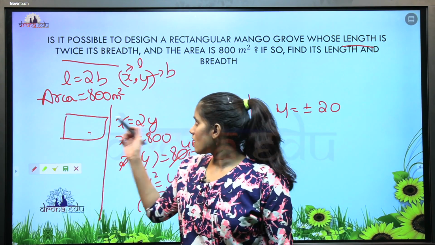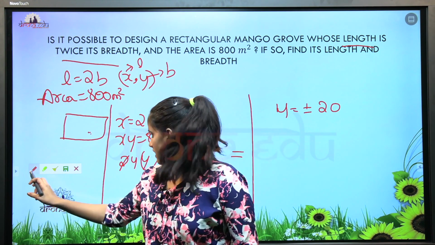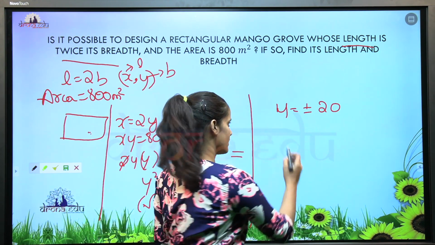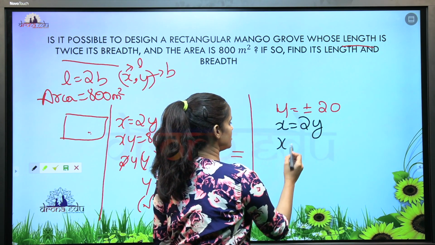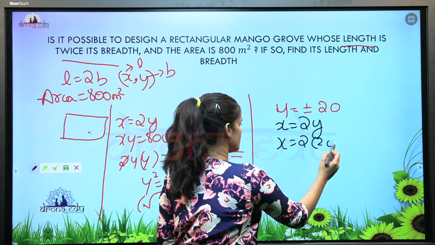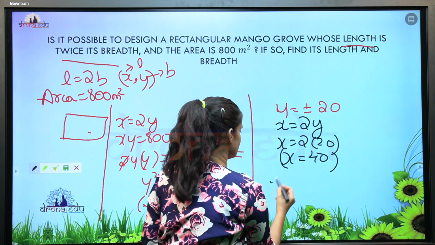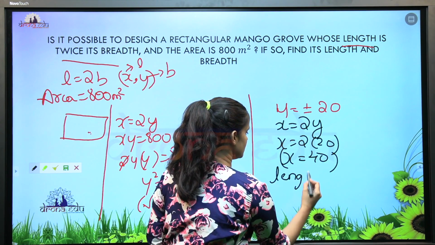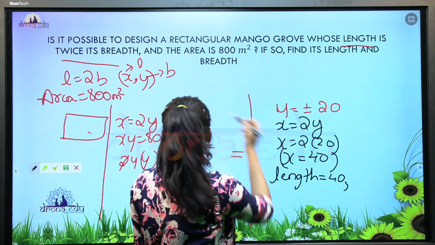Now I got the y value. We apply this y value in the equation x is equal to 2 times the breadth. So the length is 2 times the breadth, the length is 40, and the breadth also we got.